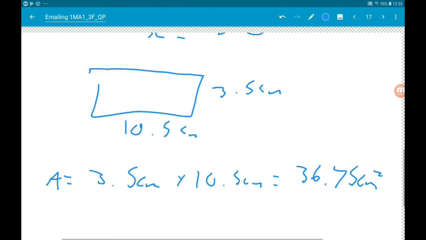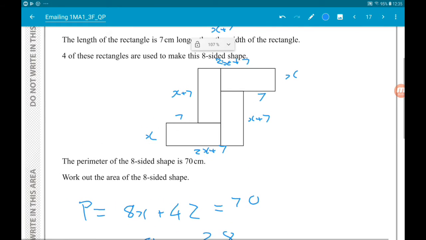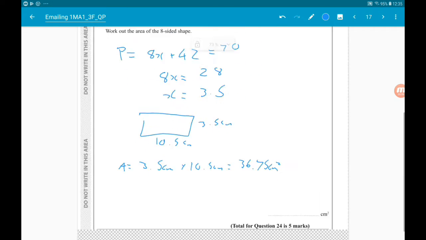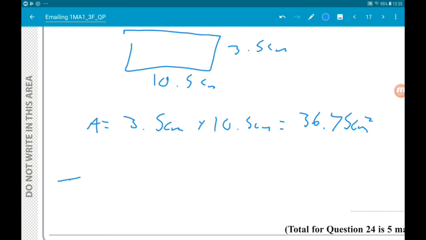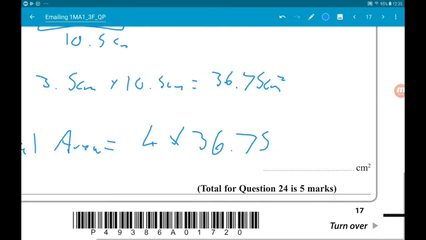Now remember, we want the area of the 8-sided shape, so it's made from 4 rectangles, so the total area is 4 times 36.75 centimeters squared, which gives us 147 centimeters squared.